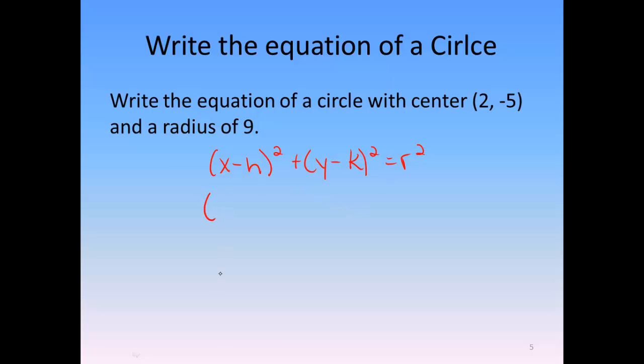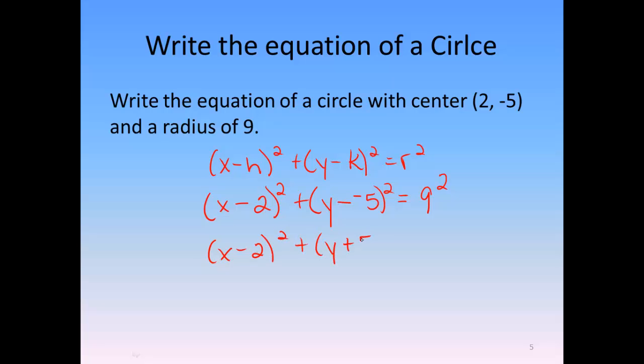We plug in our values: h is 2, k is -5, and our radius is 9 squared. If it makes you feel better, you can go ahead and simplify that, and there is your equation of a circle in standard form.